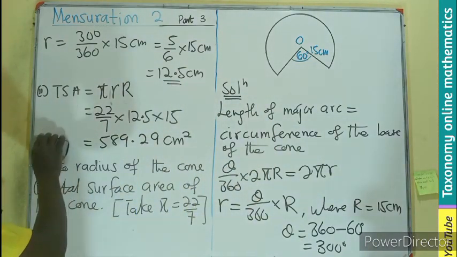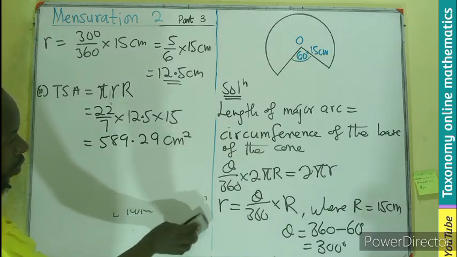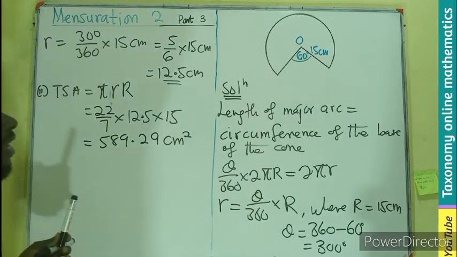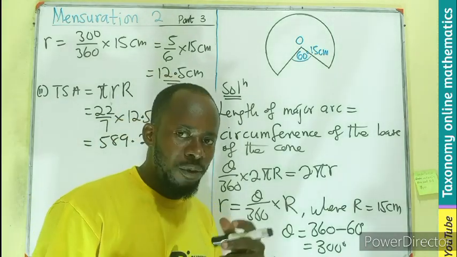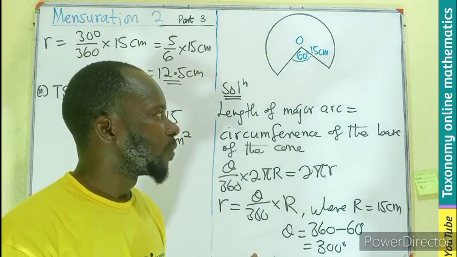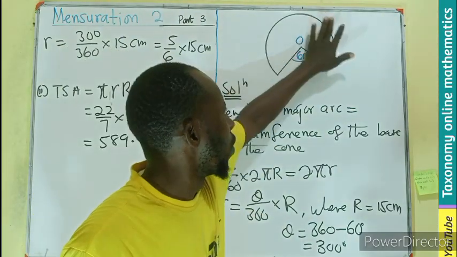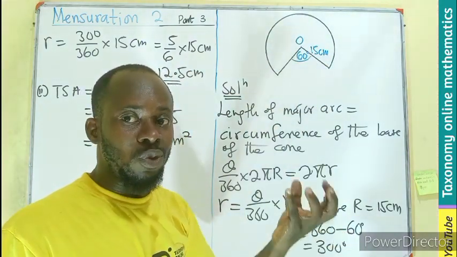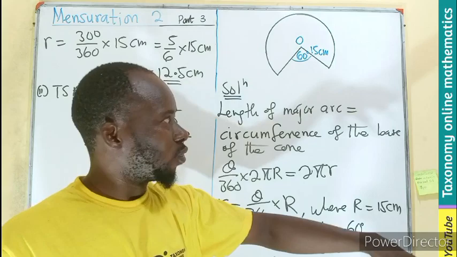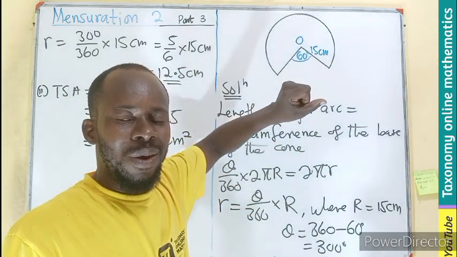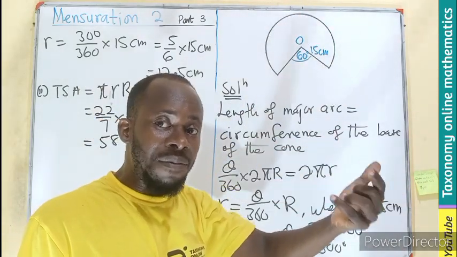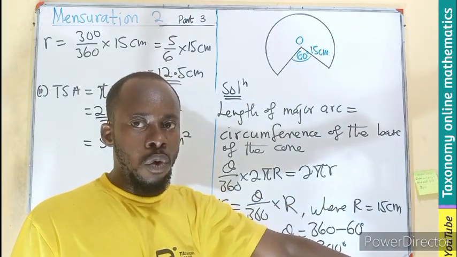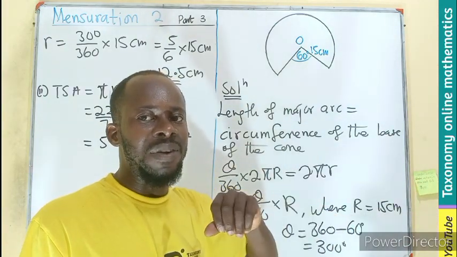So that is what we can go through in order to find the total surface area. If you want to find it in a different way, we can also see that the whole area of this is what is used in making the cone. So the area of the sector will be the same as the curved surface area of the cone, or better still, the total surface area.